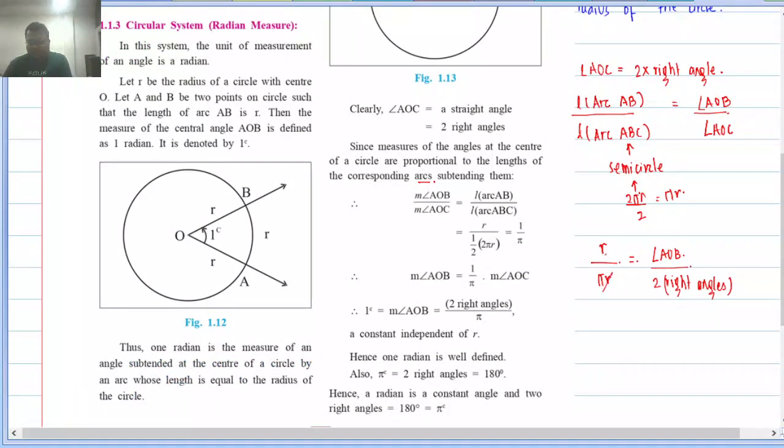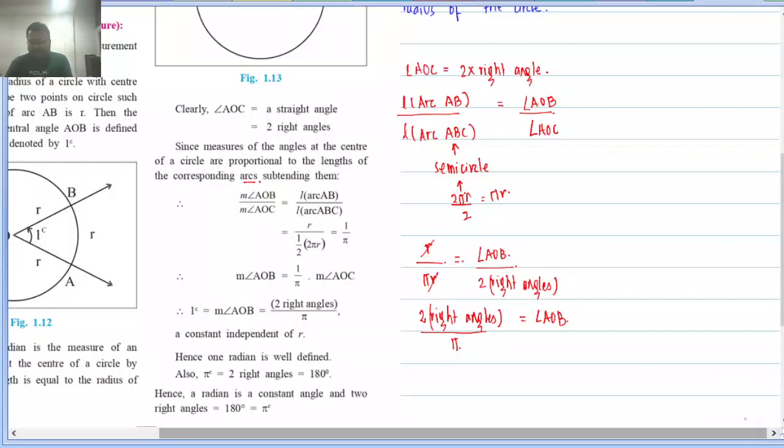So now 2 right angles upon pi is equal to angle AOB. But what have we considered angle AOB to be? We have considered angle AOB as 1 radian.